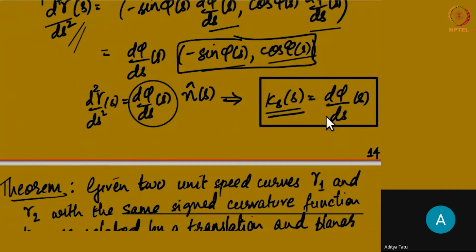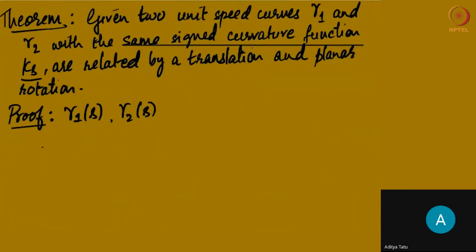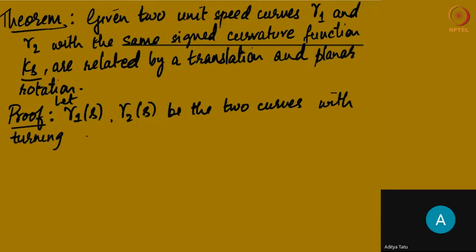Okay, so let gamma 1, gamma 2 be the two curves with turning angle functions phi 1 and phi 2.